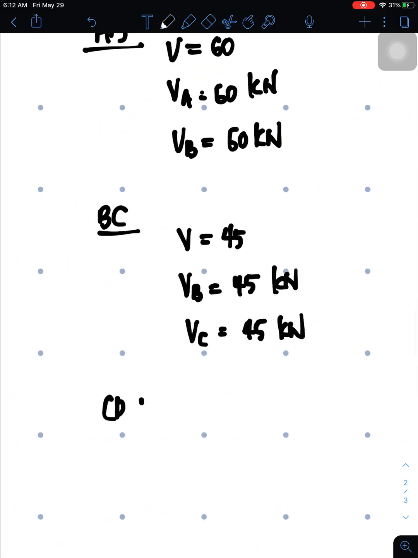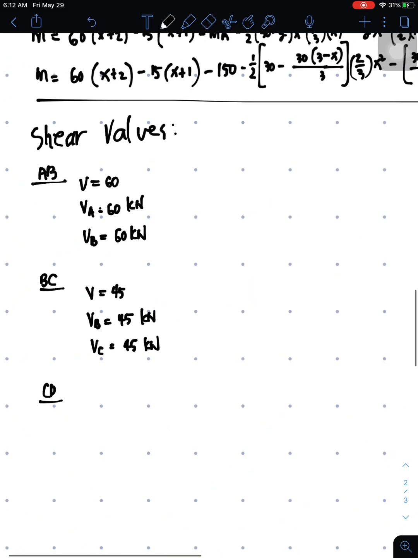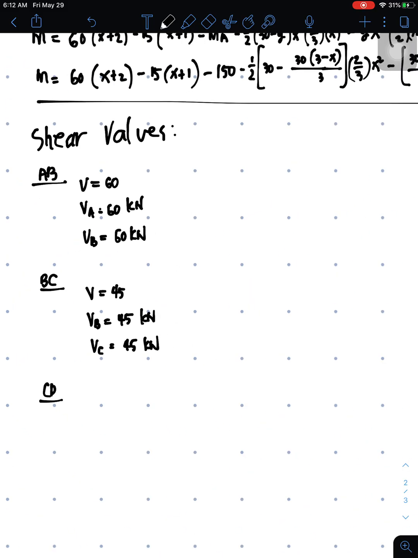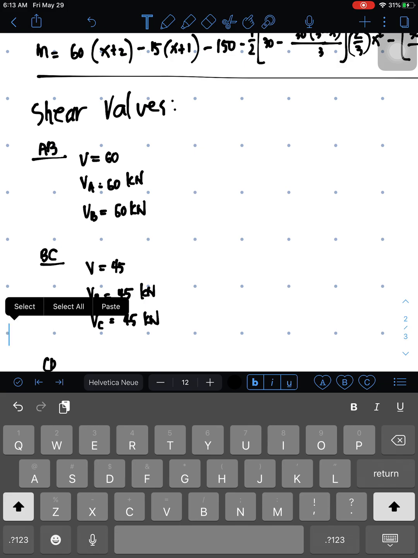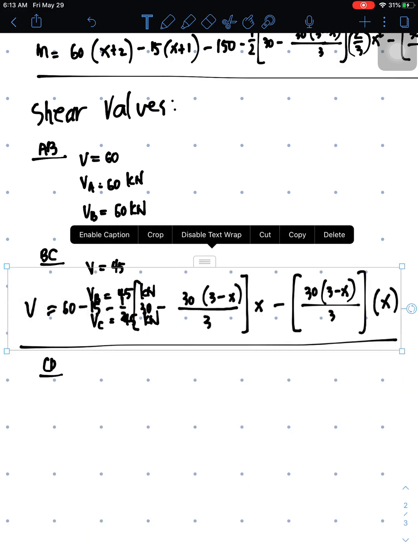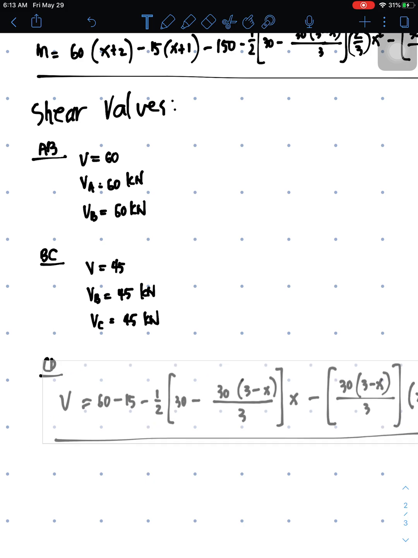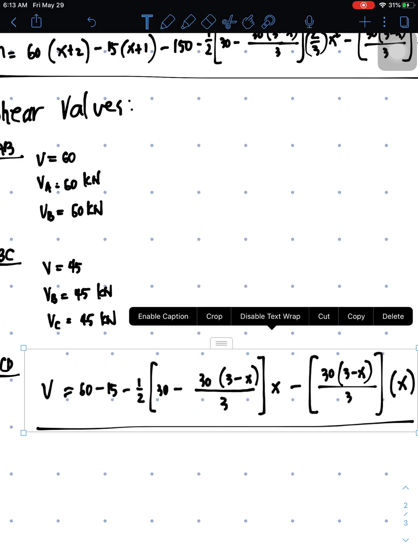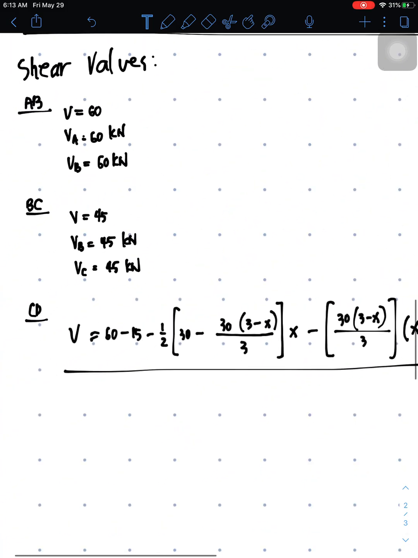This is for CD. And then the equation, so this is the equation. And then we may now proceed. We may now proceed in getting the VC.